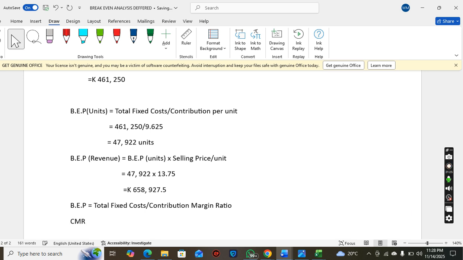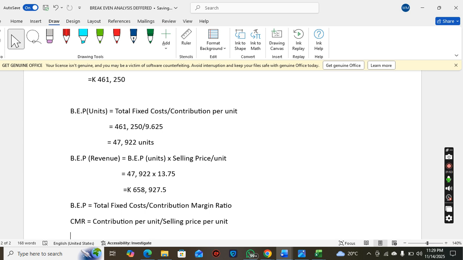Contribution margin ratio is your contribution per unit divided by your selling price per unit.